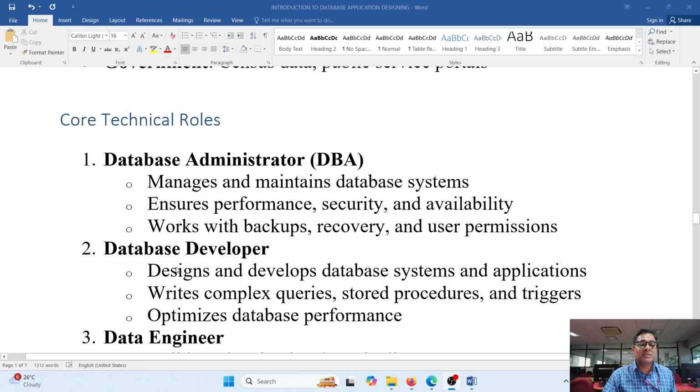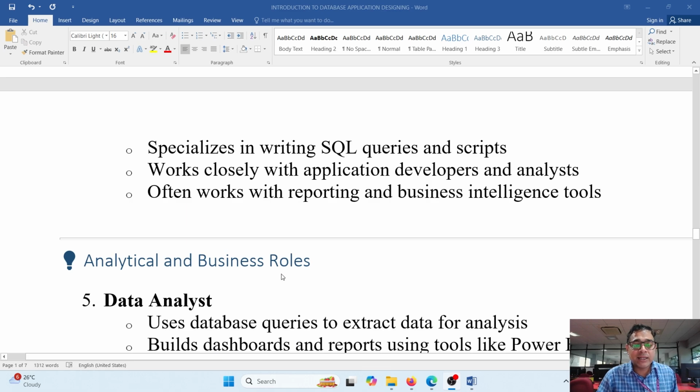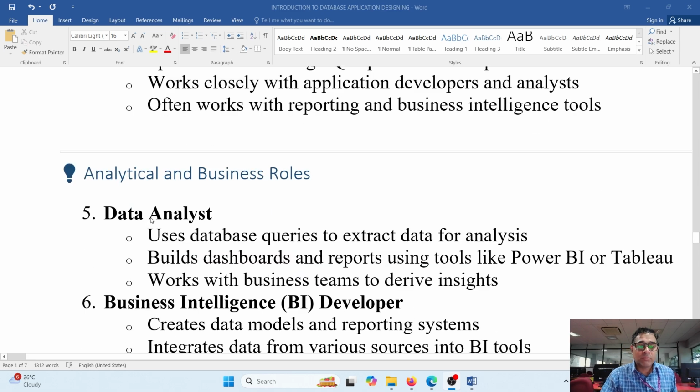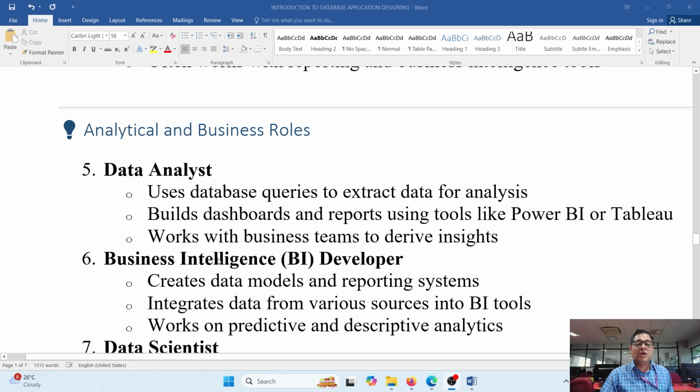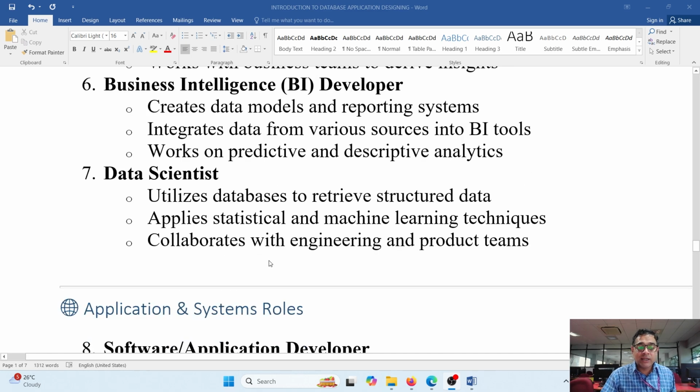These are some of the technical roles. Then there are some analytical and business roles. You can become a data analyst. You can become a BI developer, business intelligence developer. Then you can become a data scientist. If you know the database, how to work with it, what kind of data is there, how to retrieve the data and all, you can become a data scientist. You can analyze the data.